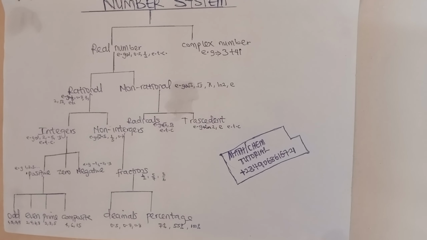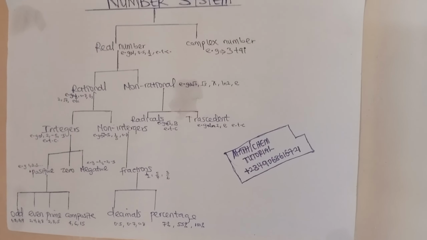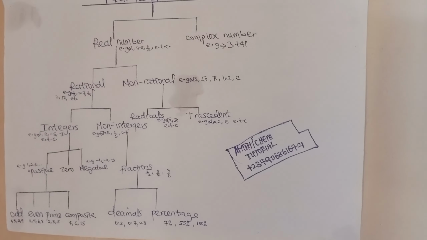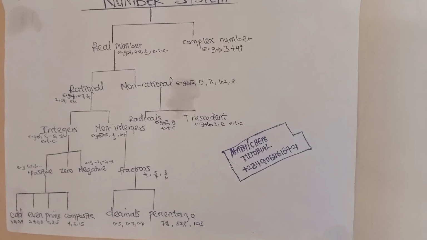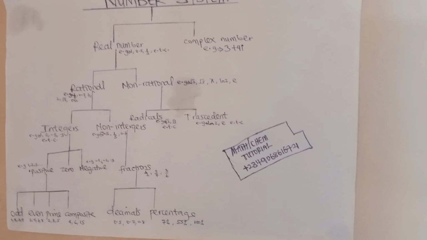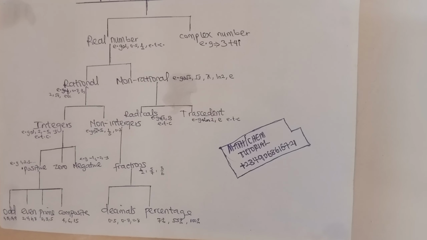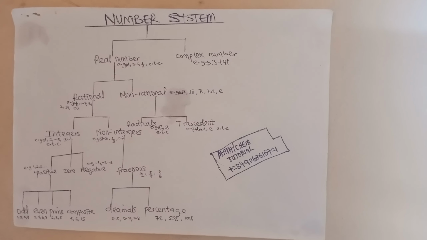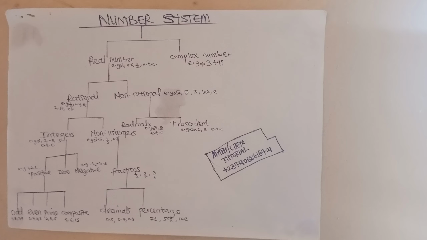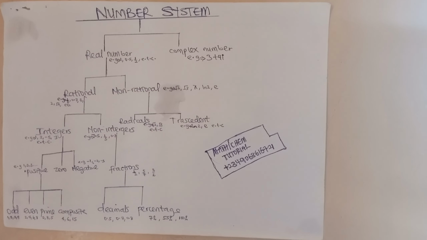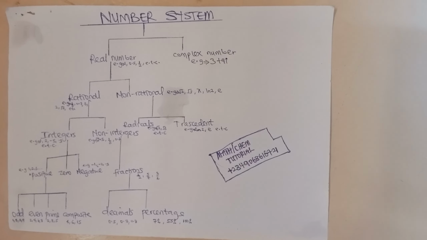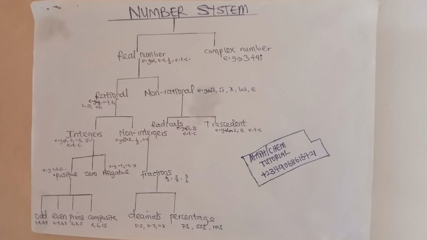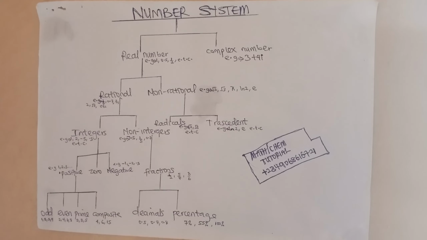I wrote 3, ordinary 3 here as my third example. 3 can also be 3 over 1, which is the same thing as 3 ratio 1. I also wrote 2. 2 can also be 2 over 1, which still means the same thing as what? The same thing as 2 ratio 1. And my last example under rational number is radical 4, known as root 4, square root of 4. And square root of 4 is absolutely what? 2, which can still be 2 over 1.